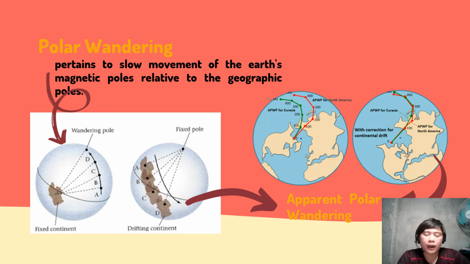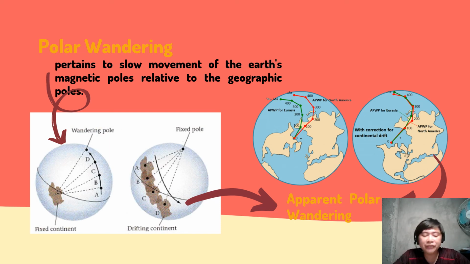However, on the right side, if the continents are rearranged into Pangea, as one, the two curves overlap, showing that it is the continents that have moved and not the magnetic poles.